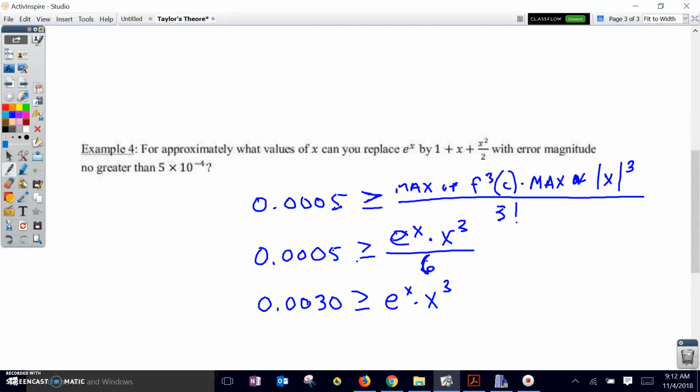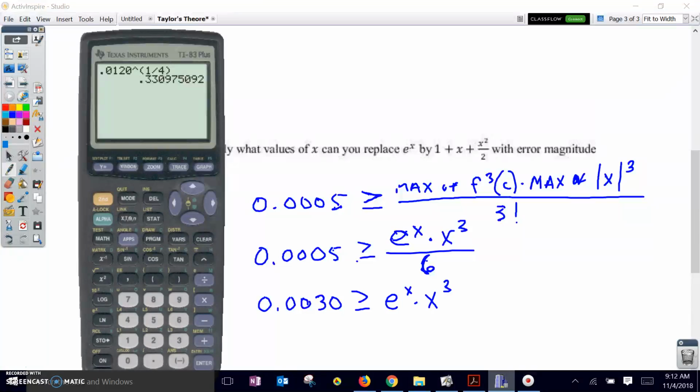And we want when e to the x times x to the third is less than or equal to 0.003. I'm going to use my calculator to help me with this. I'm going to graph, because I really don't want to solve this inequality algebraically.